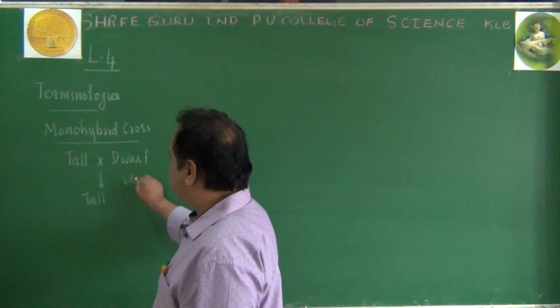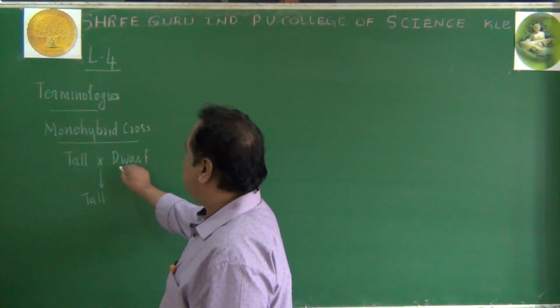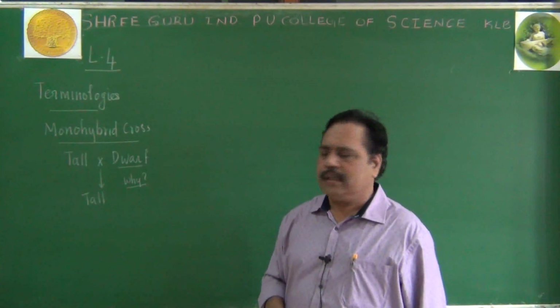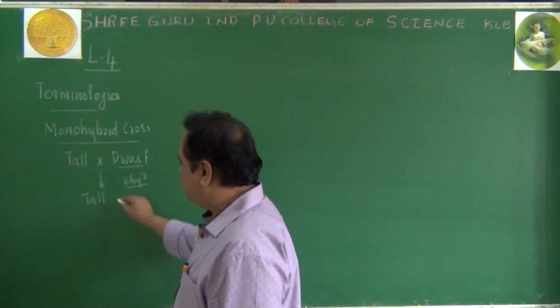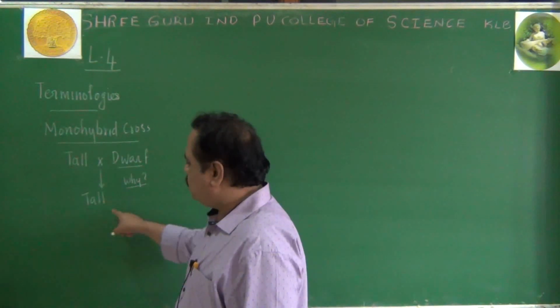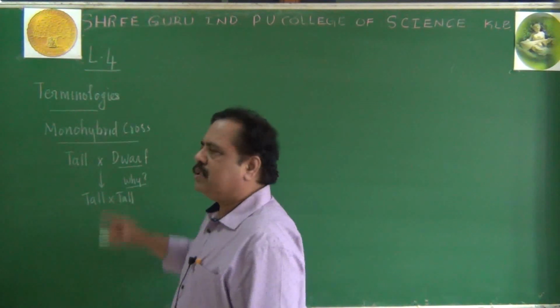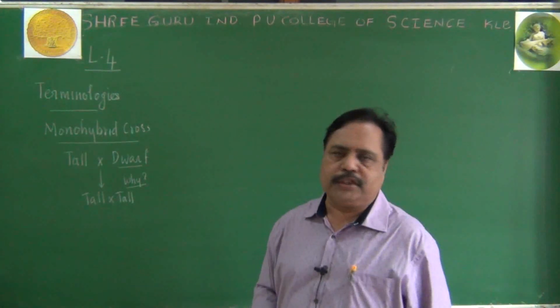There comes a question: why did dwarfness not appear even if it was taken in the first parent? For the second generation, the F1 offspring were used as parents. Two such tall plants were crossed with each other.